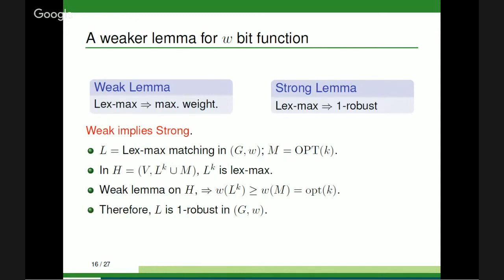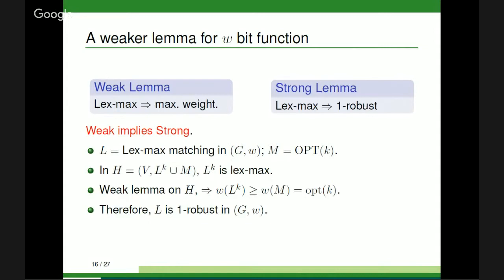So suppose that you want to show that the strong lemma holds using that the weak lemma is true. So do the following. Choose a number k, and then compute a Lex-max matching L in the graph. And let M be the optimum with k edges. Okay?